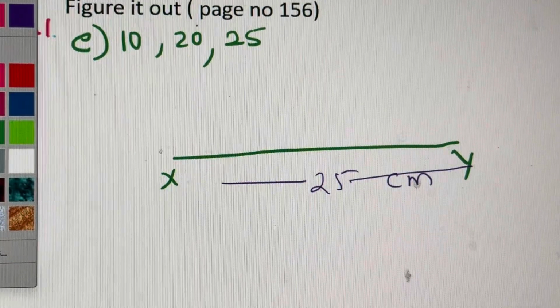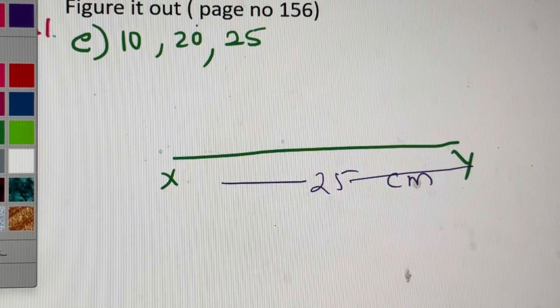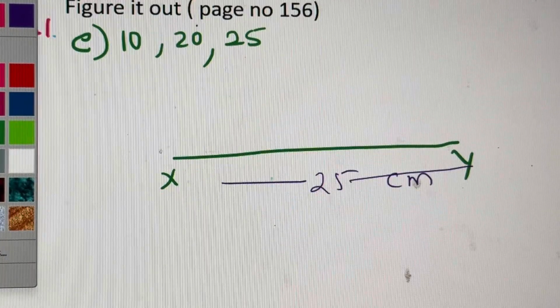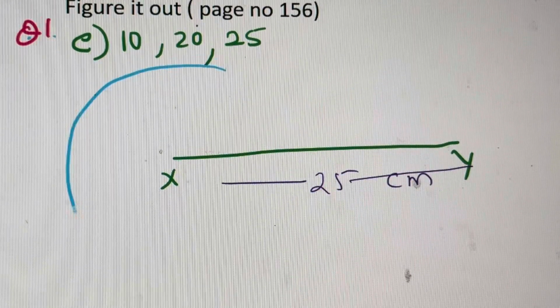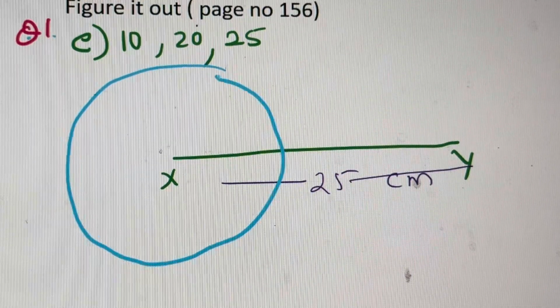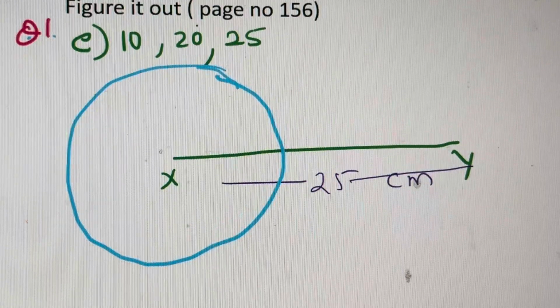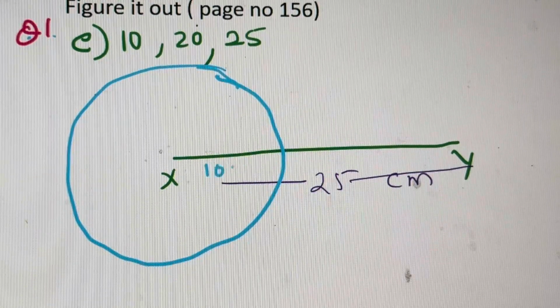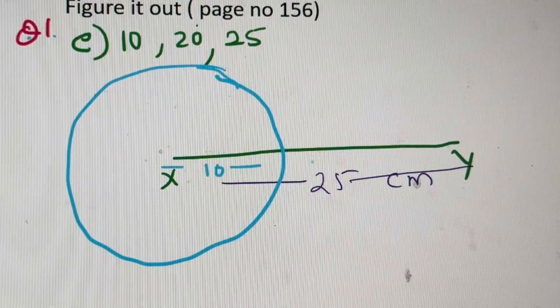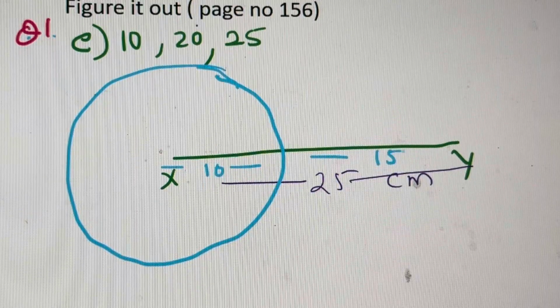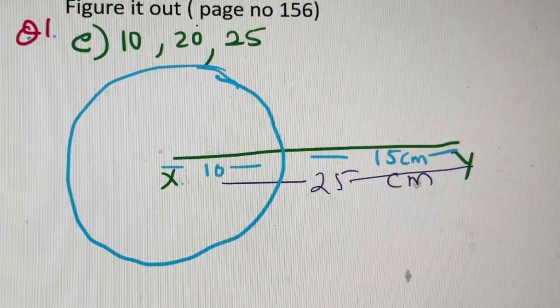Okay, and we form a circle. Right, so this is 10 centimeter. So 25 minus 10, remaining will be 15 centimeter.